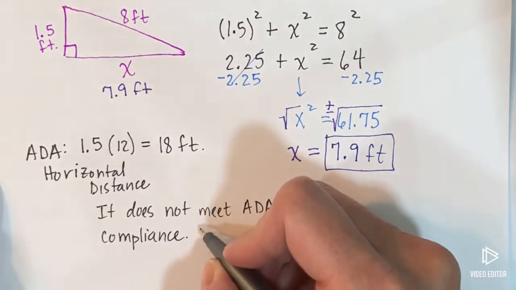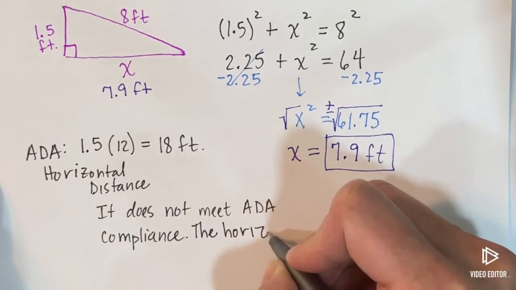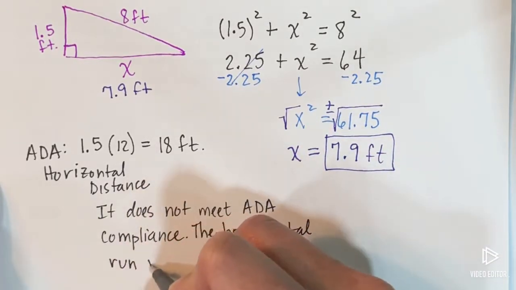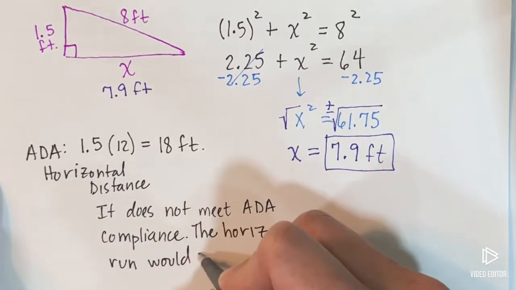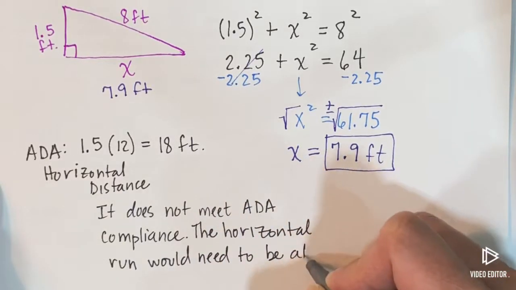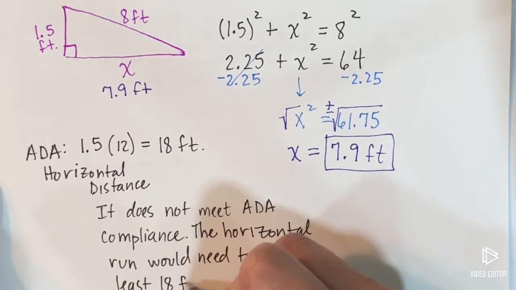We would need to say something about the run, or the horizontal run would need to be at least 18 feet.